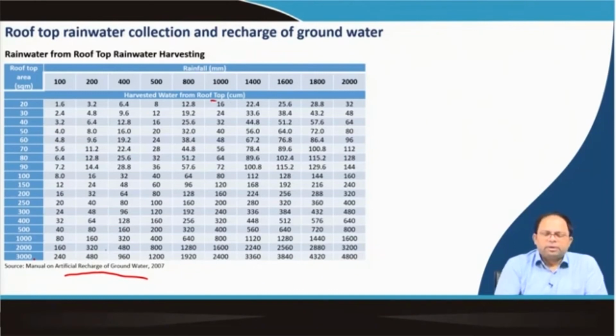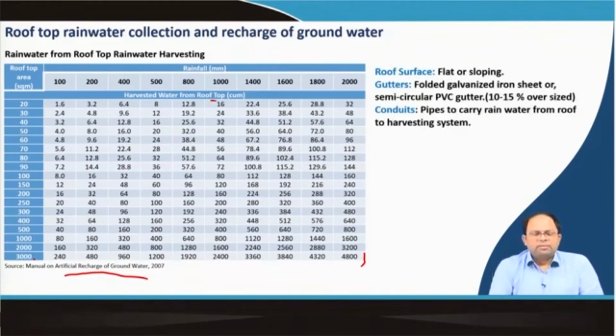Using this table, you can easily determine what amount of water could be retained at the building level and then used for recharge or some consumption, and that will also reduce the amount of storm water that comes to your municipal sewer network or municipal open drains.